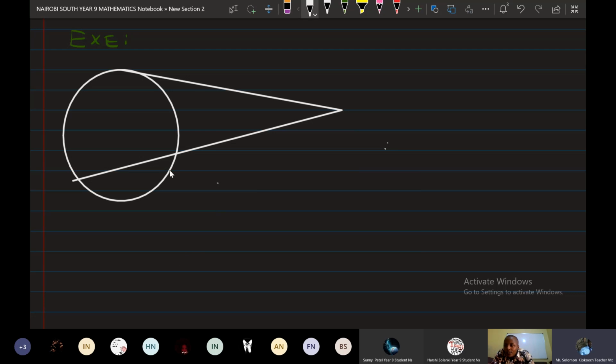So this is A, this is T, this is C, and this is B. You are given that BC is 5 centimeters, this is 4 centimeters. So find AT. Go ahead, find AT.